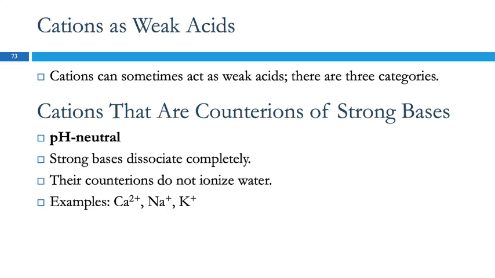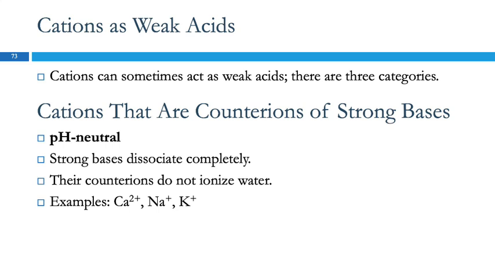Okay, so anions can act as weak bases. Cations can act as weak acids, sometimes. There's three categories of cations. The first is cations that are counterions of strong bases. These are going to be pH neutral, because that strong base dissociates completely and the counterions don't ionize water.